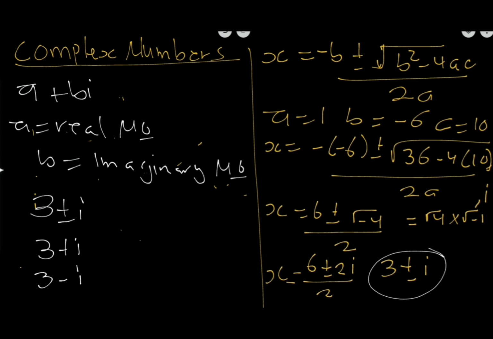The real part here is 3, and the imaginary part here is 1 and negative 1. So that is that for complex numbers.